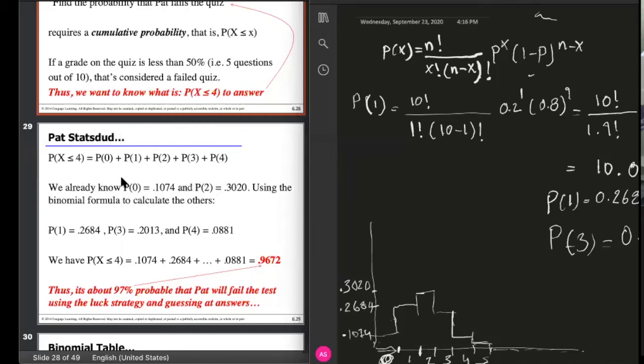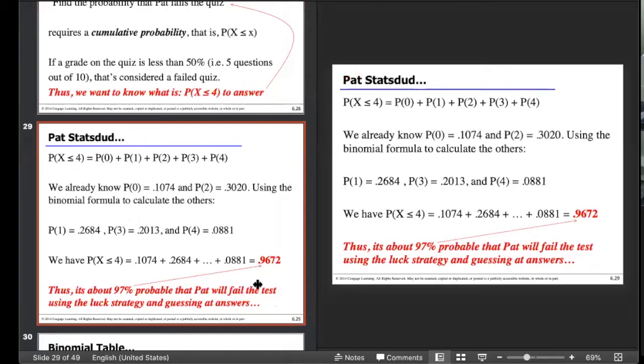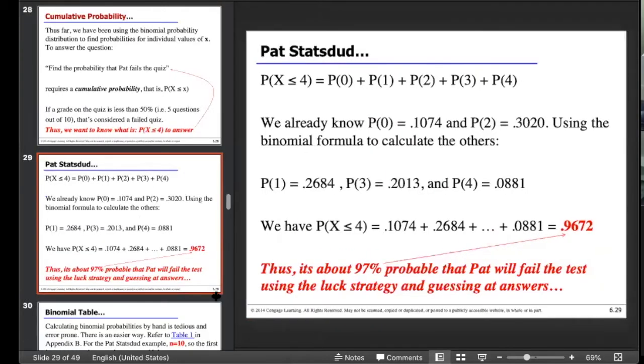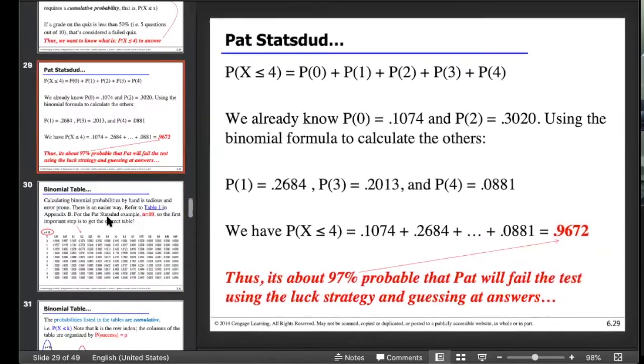What's the probability that you have 4 or fewer correct answers? If we do the math, the result is 0.9672, which is equivalent to 96.72%. So 96.72% is the probability that you have 4 or fewer correct answers.